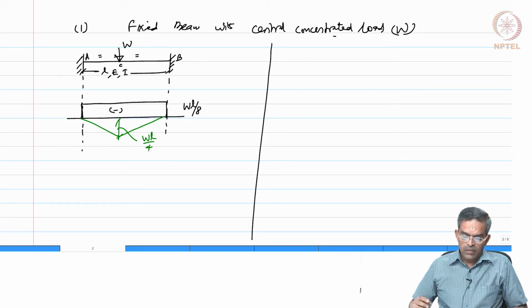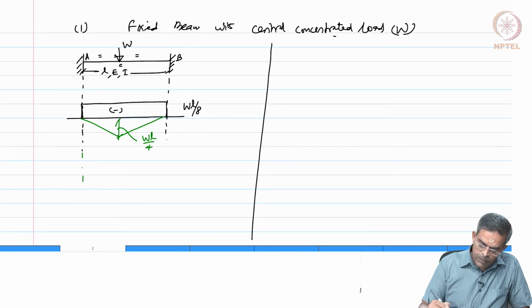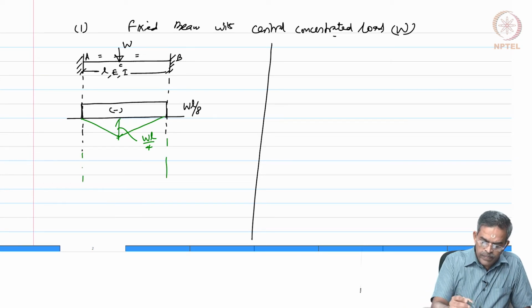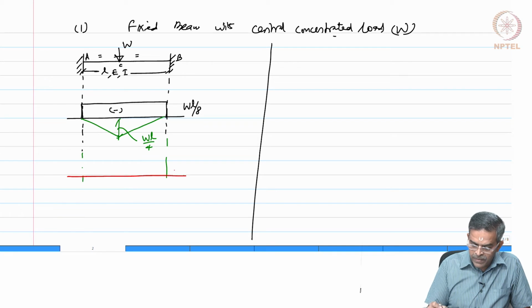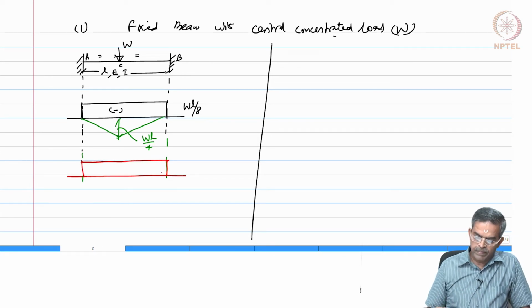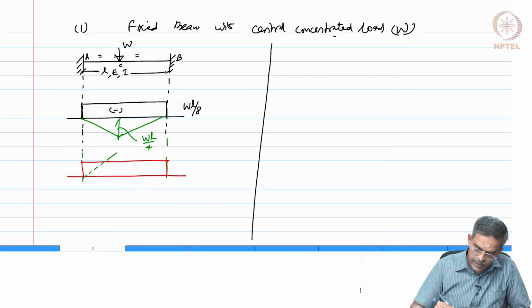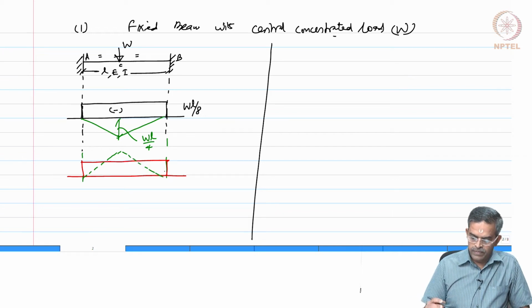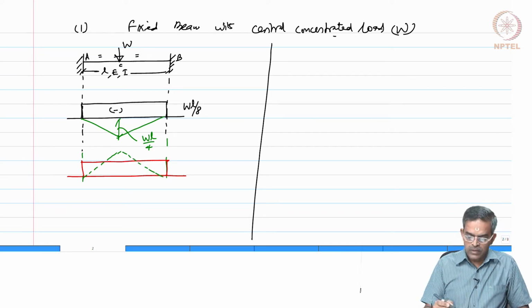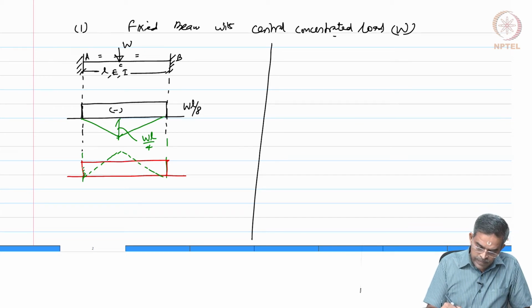Okay. What I do, I superimpose these on the same side. So, I draw the negative bending moment diagram here and the positive bending moment diagram, I just swap it like this. Okay. So, this is negative and this is positive, again negative.